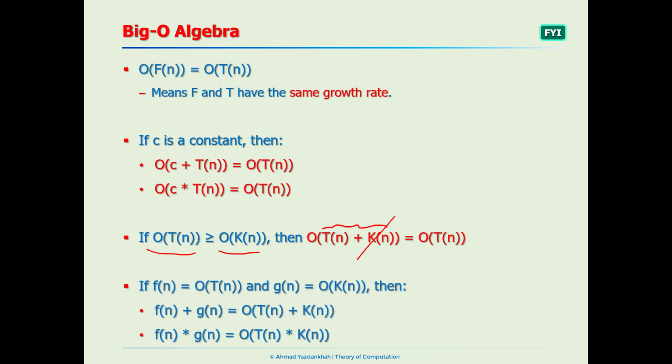And also, if f of n is equal to big O of t of n and g of n is equal to this guy, then if you add f of n and g of n, the big O notation will be adding these two. And for multiplication, the same, but we multiply them. Please remember that this is just an FYI here, and it's not part of this course.